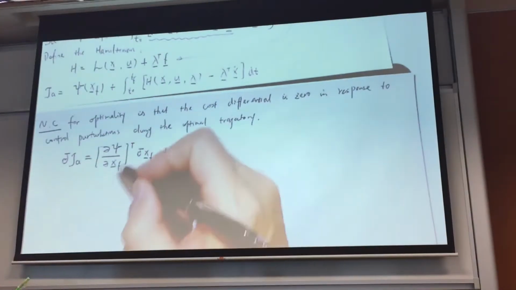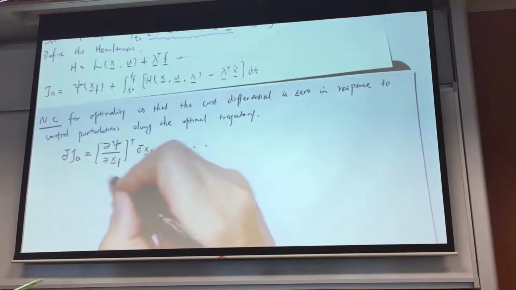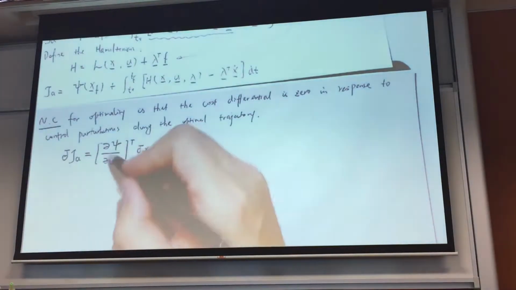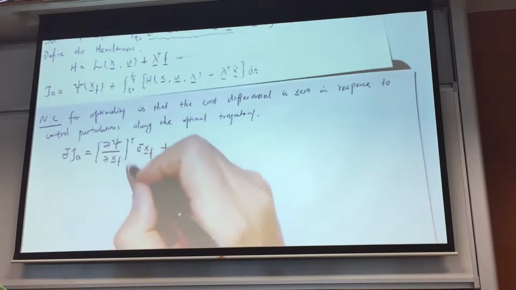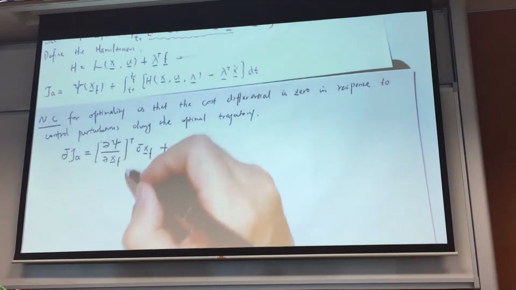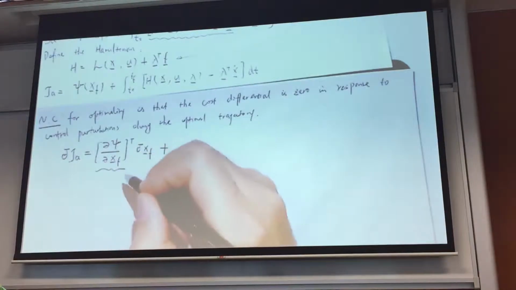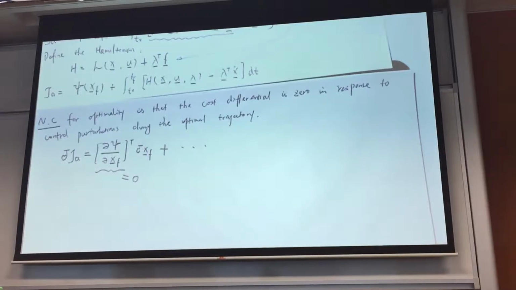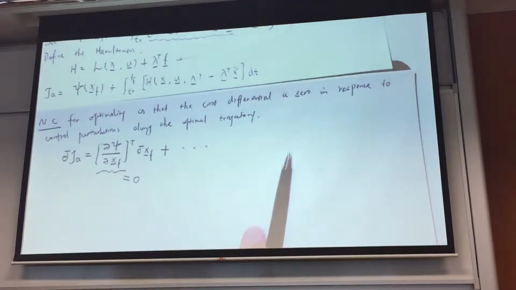Then the idea is to set this equal to 0. For the necessary condition, all these quantities must equal 0. You can combine these terms and make this term equal to 0.